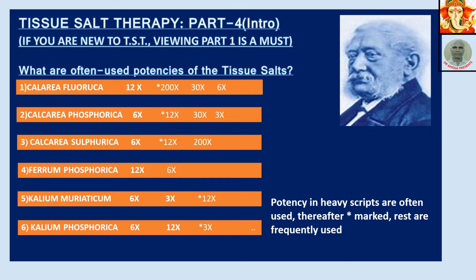In case of calcarea fluorica, in case of calcarea phosphorica, calcarea sulfurica, ferrum phosphorica, that is, in all the medicines, 12 medicines are named serially according to their serial position, and on the right hand side there are potencies. The heavy scripts most often used, star marked, then comes, and others are less frequently used.